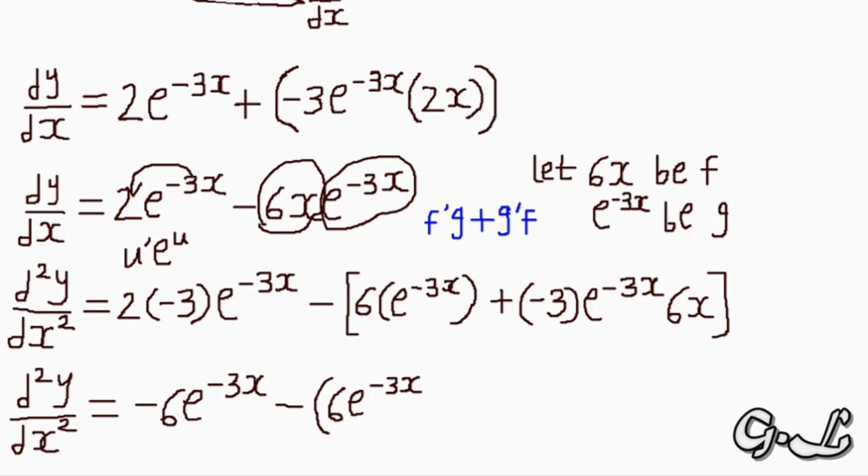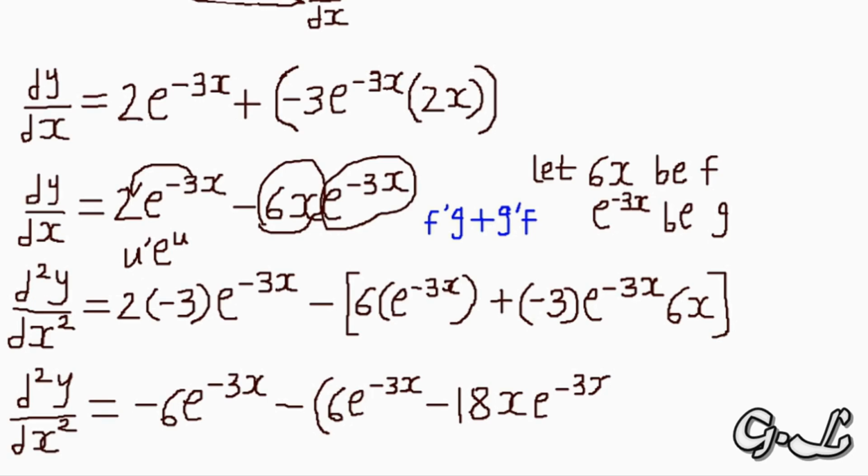It will give you 6e to the negative 3x, and then minus, because positive times negative gives you negative. That's where the minus is coming from. When you say 3 times 6x, it will give you 18x, and the e is going to maintain like that. It will be e to the negative 3x.